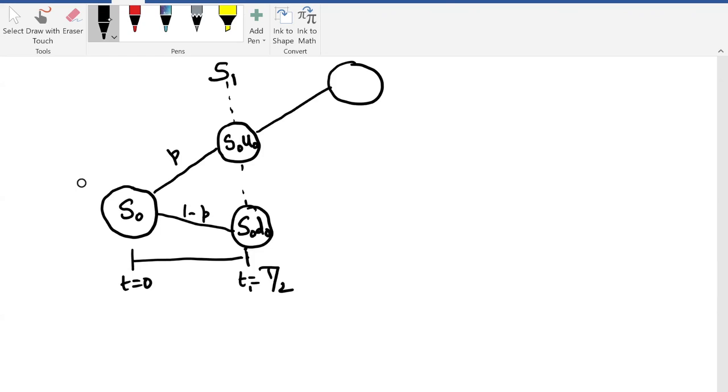That is the meaning, where S1 is the stock price at t equal to t1. The next time level, you have S1 U1 or S1 D1. Let's call this probability P naught and 1 minus P naught, and this is with probability P1 and this is probability 1 minus P1.